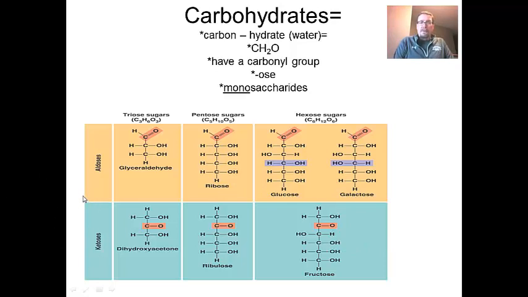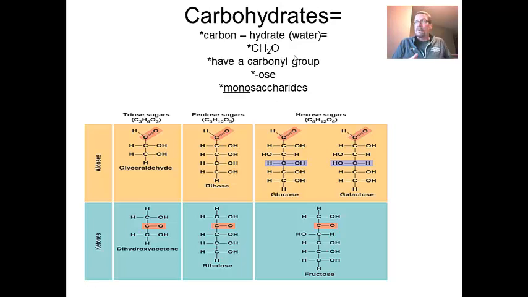Sometimes they're ketones or aldehydes and stuff. That's functional group stuff that we talked about before. But the main function here is that you break them down and use the glucose and stuff to provide you energy and to drive the synthesis of ATP and cell respiration, which we'll talk about later.